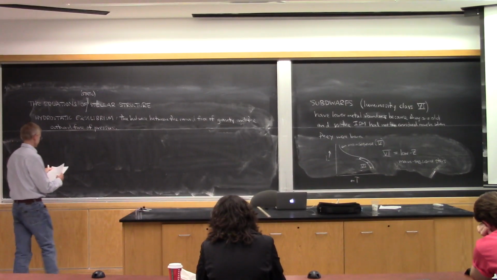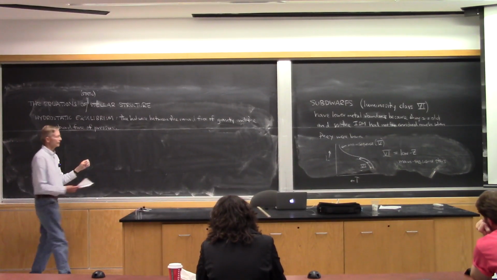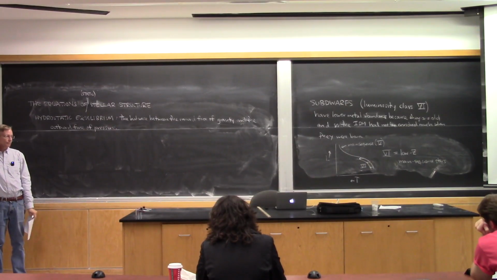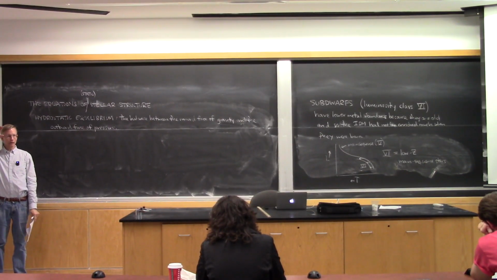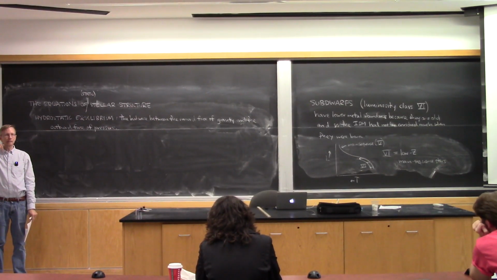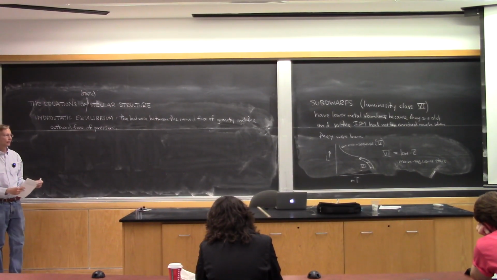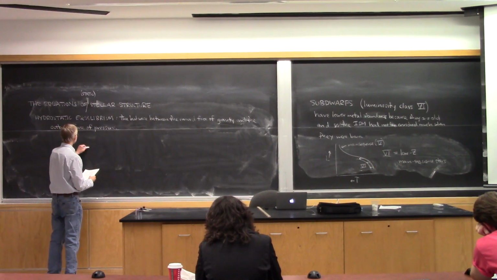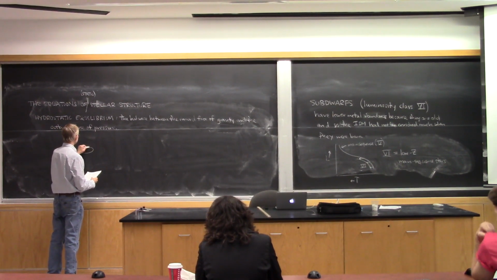And so what we do is we say, okay, for any little chunk of the star in equilibrium, the net gravitational force pulling it downwards has to be equal to the net pressure force pushing it upwards. And so let's draw a little cylinder of material inside the star.